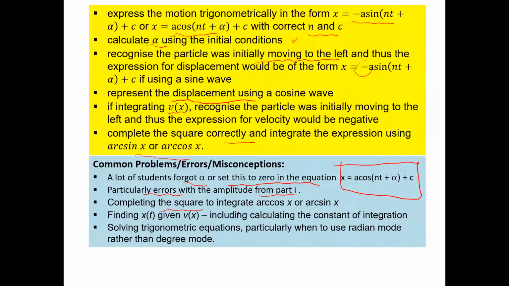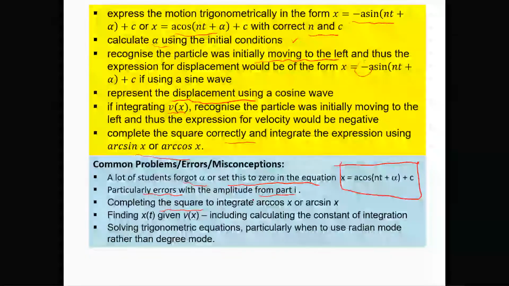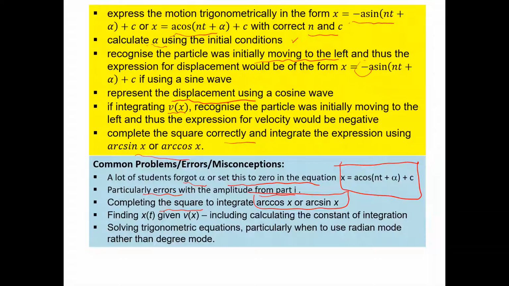Other problems were completing the square to integrate to give arc sine or arc cos, and finding x in terms of t given velocity in terms of x, including calculating the constant of integration. Also solving the trig equation, particularly using radian mode rather than degree mode. Some students actually were not using radian mode.